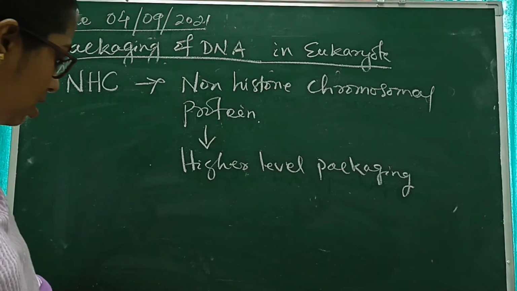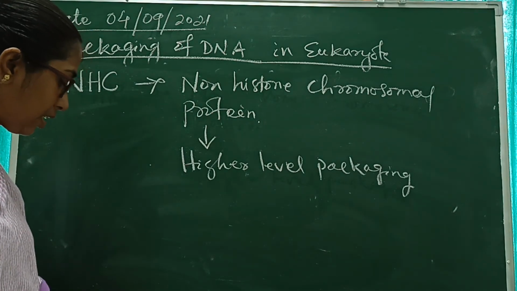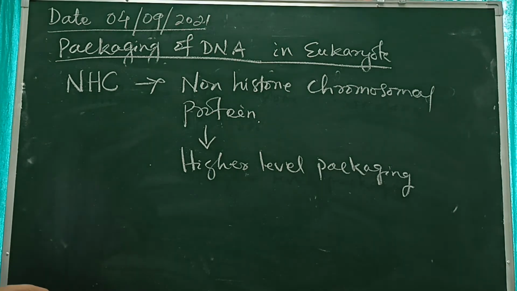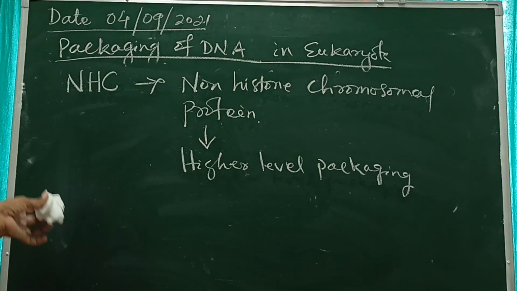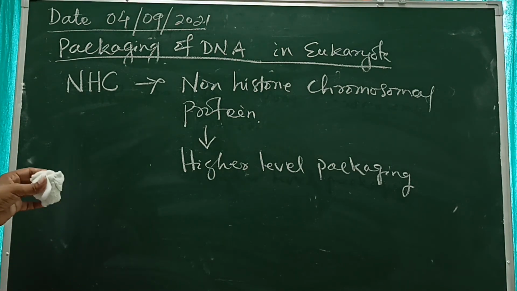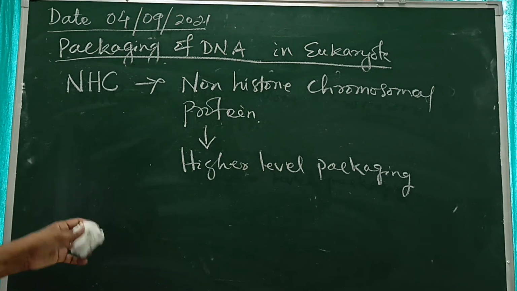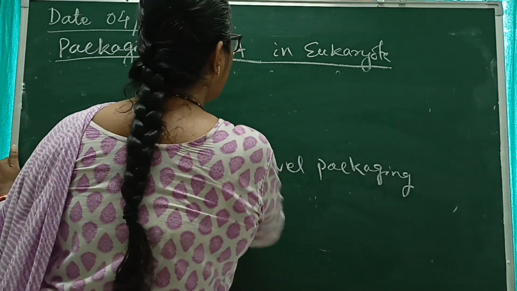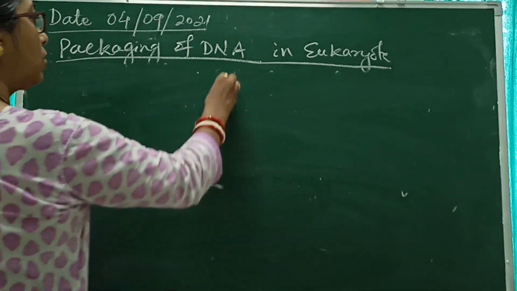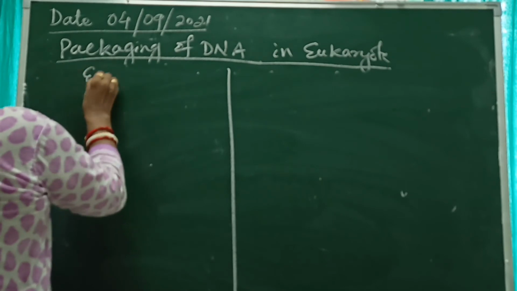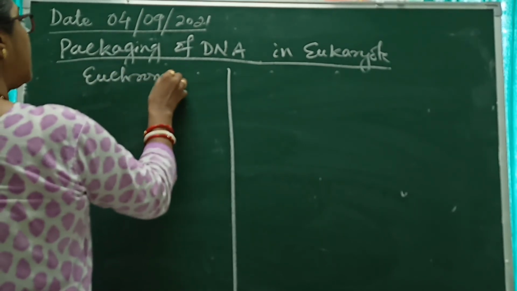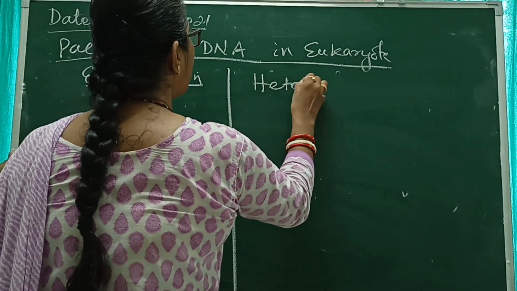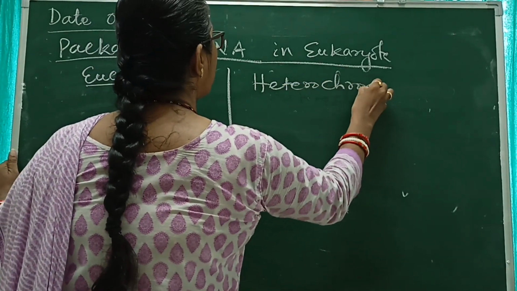Depending upon how the packaging units or nucleosomes are arranged in a chromatin fiber, the chromatin fibers are of two types, that is euchromatin and heterochromatin.